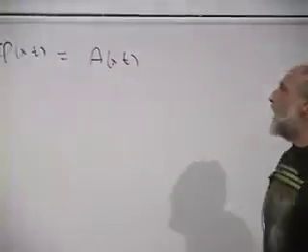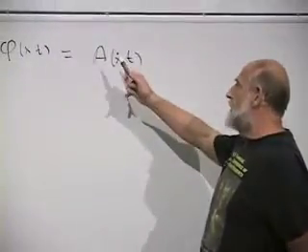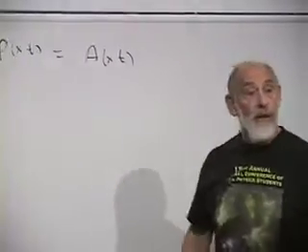If the equations for a theory are linear, then, among other things, that means that if you multiply a solution by any number, it's also a solution.